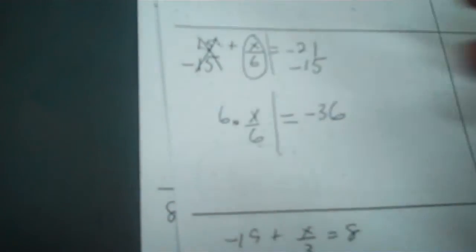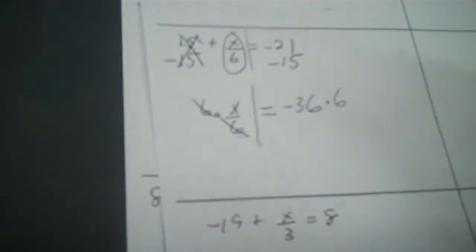15 minus 15, 0. I line up my equals, and I have x divided by 6. And then I take negative 21 minus 15, and that's negative 36. Okay, now the only thing happening to x is divide. Okay, so I times 6 and times 6.